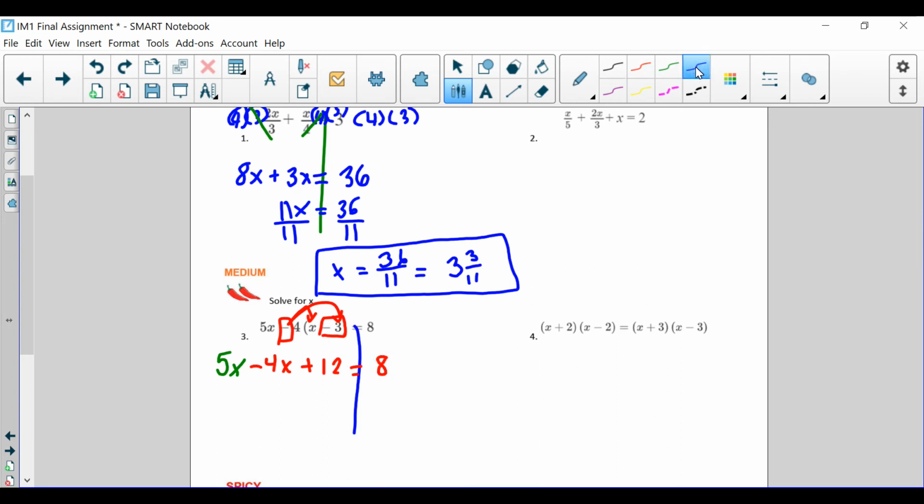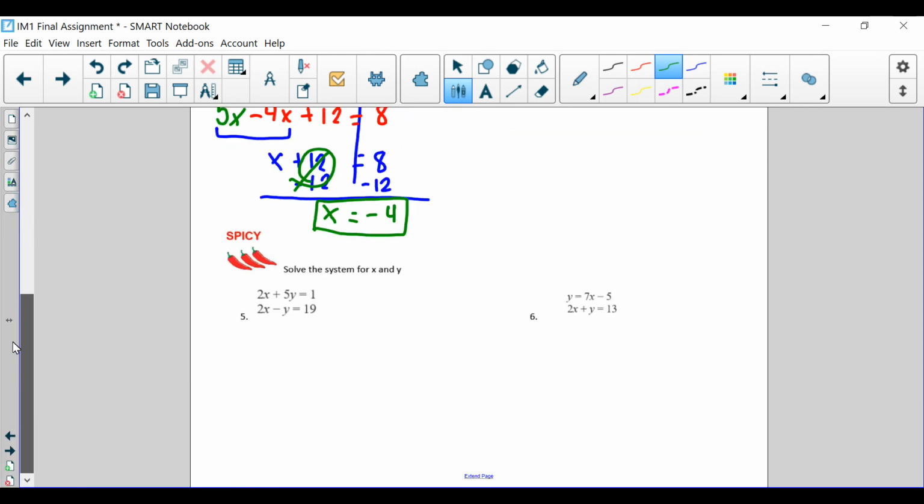Then we've got 5x minus 4x, which is x, plus 12 is equal to 8. Then we're going to subtract the 12, makes a 0 pair. So we end up with x is equal to negative 4. How'd we do?